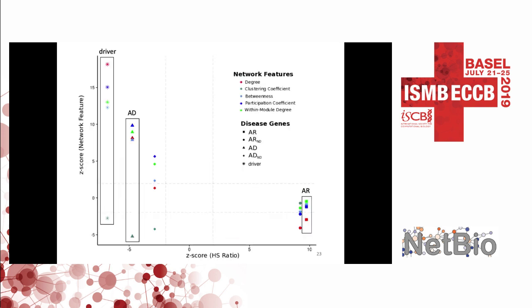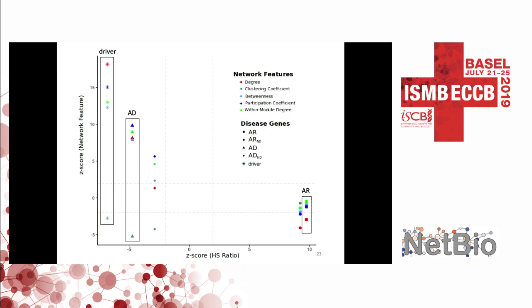Finally, we were interested to see how these two parameters behave together. So here we plot the Z-score of the different network features, and here we see the mesoscale network properties, participation coefficient and within-module degree that I presented here, but also the other parameters that I didn't have to present in more detail. And here we plot the Z-score of the high impact to synonymous ratio.